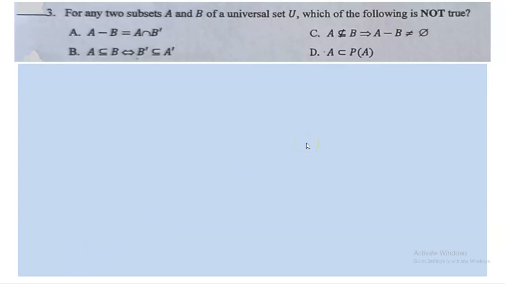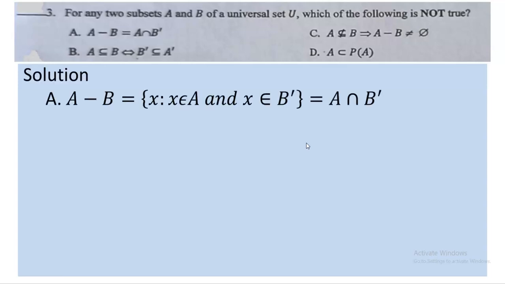Students, what you have to know here is you need to remember the relationship between sets, operation on sets and relationship between sets. Now, as you see, A minus B, what is A minus B? A minus B, or A relative difference B, by definition is a set that contains elements in A but not in B. In another way, it means elements in A as well as in B prime, because if an element is not in B, obviously it will be an element of B prime.